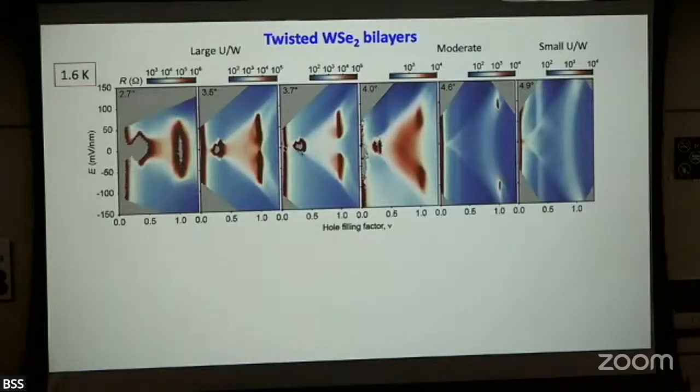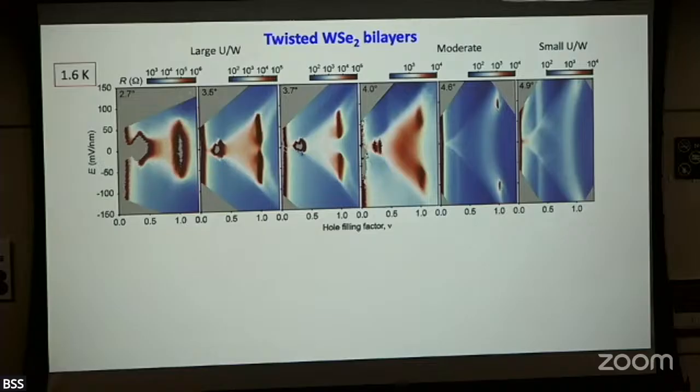So we can look at the experiments, where we look at different twist angles. Let me just explain this plot. The x-axis is the doping density, and the y-axis is the displacement field.